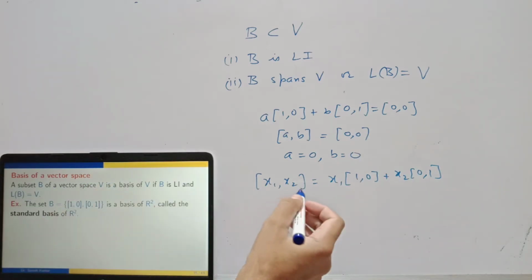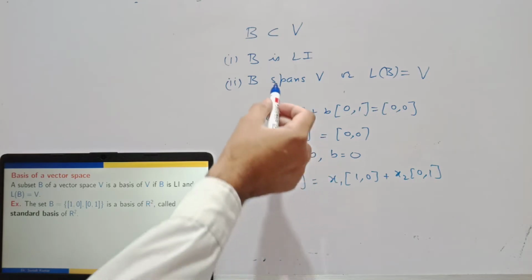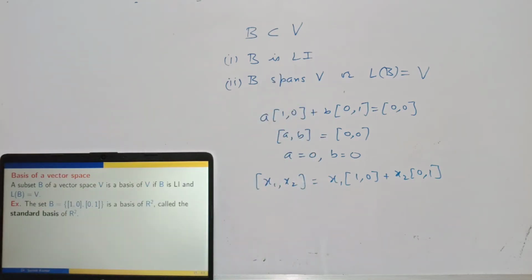So any member (x1, x2) of R2 is written as linear combination of the members of B. It means B spans R2. Okay. So both properties of basis are satisfied here. So B is the basis for V. You can see the solution here also.